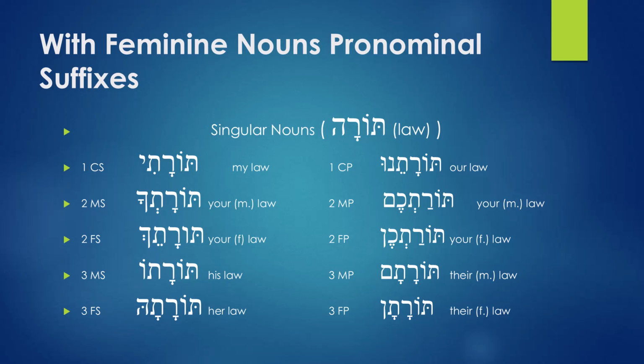You're going to see Torat throughout, because we said that when you're adding these suffixes, some words are going to change their spelling. So you're going to see these changes. But what is important for now is to know the endings. Once you know the endings, you're going to know how to translate the word. So Torah with the suffixes becomes Torat. Let's see what we have.